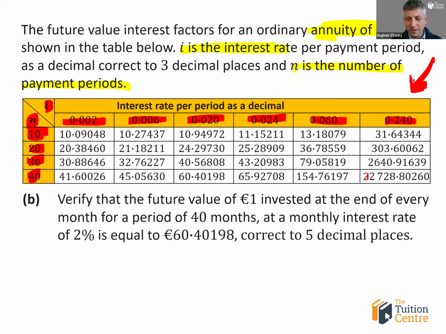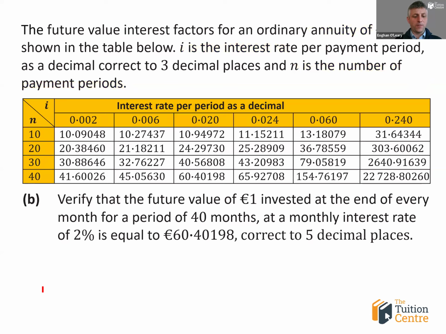Actually, my attention is drawn there to, if the interest rate is 0.240, which is 24%, your €1 goes crazy after a while. You're up to 22,728 after 40 compounding periods. So that's what you want, compared to it just amounting to €41. But that's a different day's work.